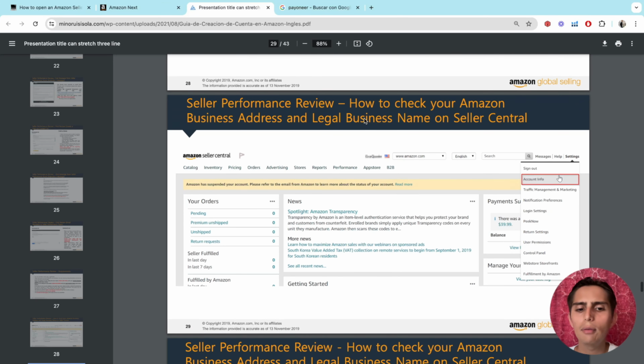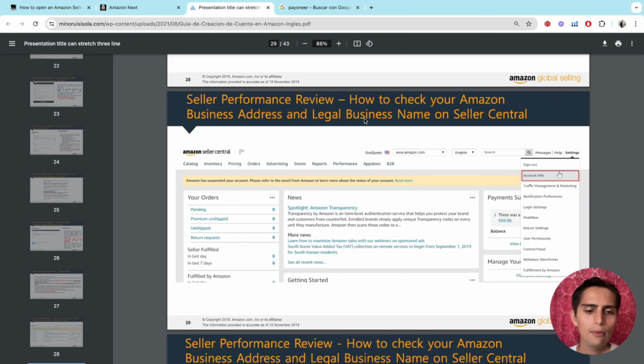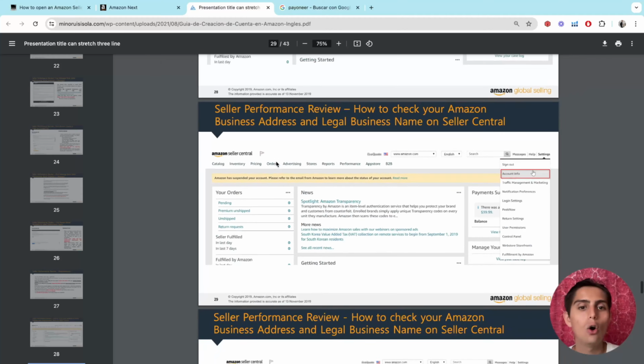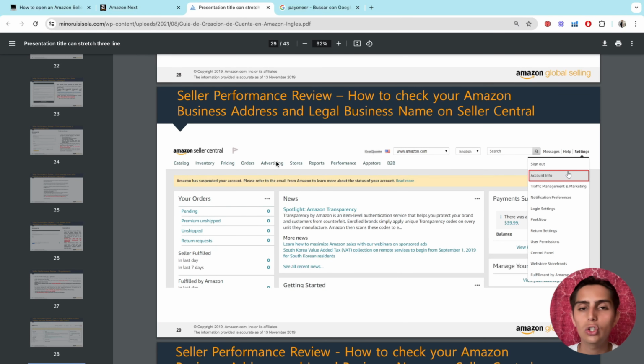By the way, if you don't have a business, you really don't have to have any DBA, any LLC. You can actually just open the account under your name. Most people think that you have to have an LLC, a registered US business. You really don't need any of that. All you need is to submit your application as an individual account, okay?